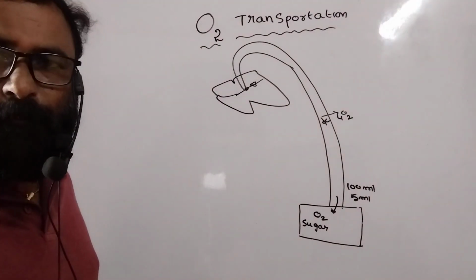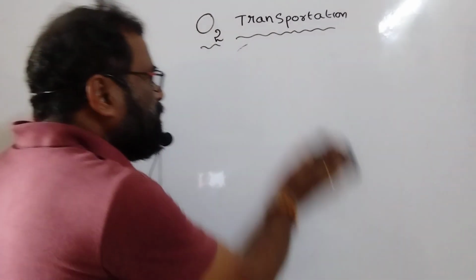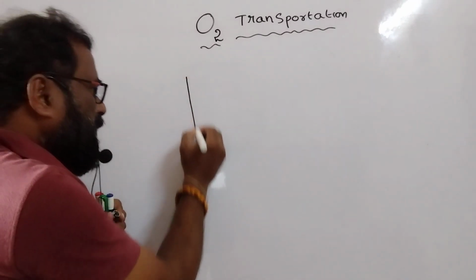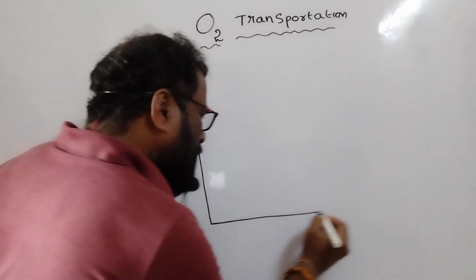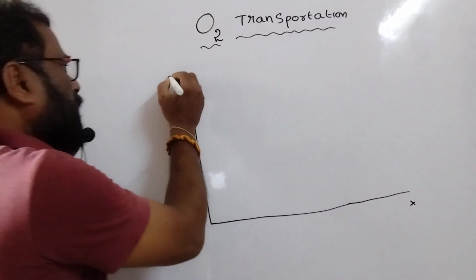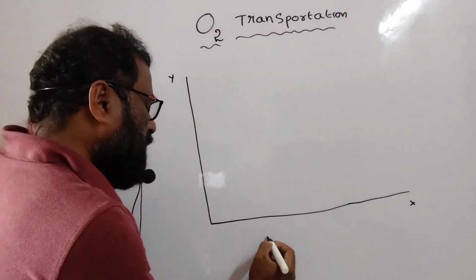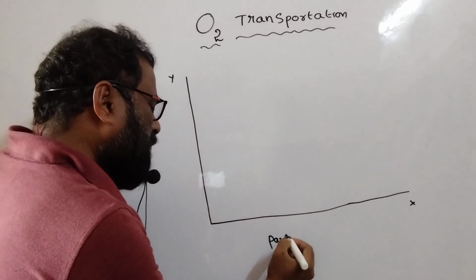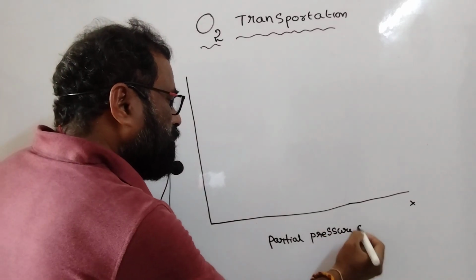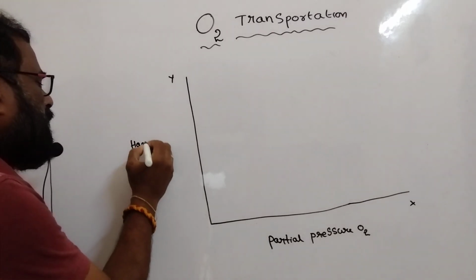The topic is CO2 transportation. Here there is a graphical, diagrammatic representation. This is the x-axis, this is the y-axis, very important to note. On the x-axis, partial pressure of oxygen is taken. On the y-axis, hemoglobin saturation is taken.